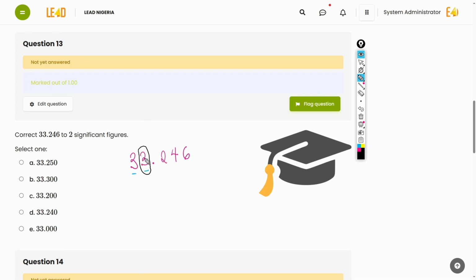So all you do is go and test the digit to the right, which is 2. Is it a strong or a weak number? 2 is a weak digit, which means we just add 0. Our new solution becomes 3 point, and then everything to this side of the target becomes 0, so 33.000, or just 33.